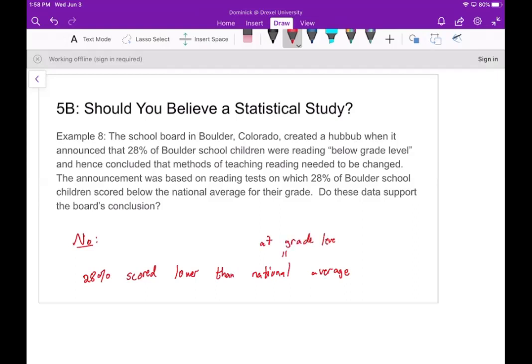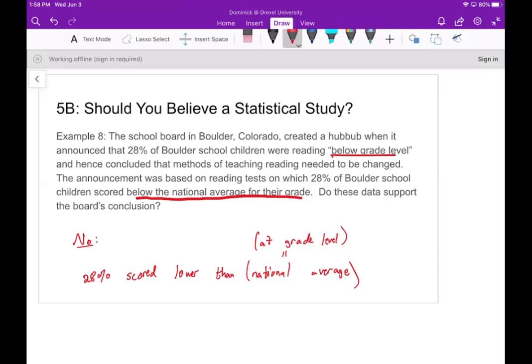Anybody that's had a background in education can tell you this: national average and at grade level do not mean the same thing. But they're using these two things interchangeably. They're saying below grade level and below national average for their grade are the same thing, but in fact they're not. National average for their grade could be below grade level.